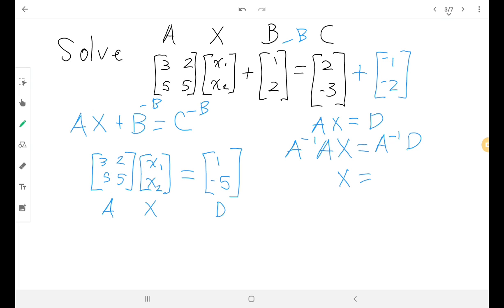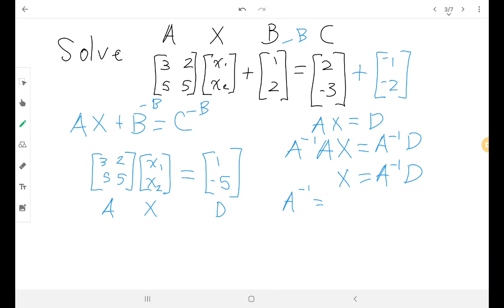Because the identity matrix times any matrix that can be multiplied by it is that matrix, X equals A inverse times D. So then we have to figure out A inverse and do that multiplication, okay? So what is A inverse?